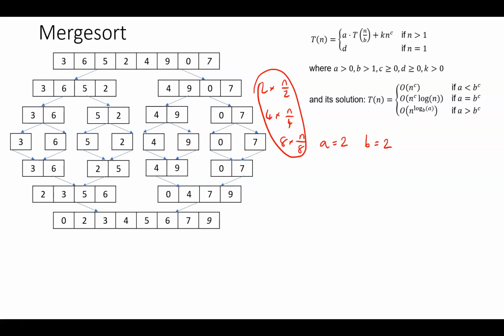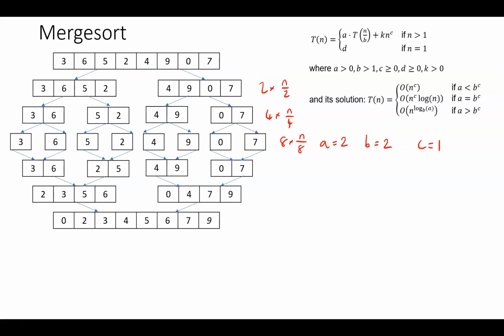We don't need to know that for the master theorem, but that's kind of what we're expecting. Now for each level, now that I'm merging, I have to do n calculations, or something times n to the power of 1 calculations, because at every merge step, I have to look at every single item of data. So that's why we know that C equals 1, because at every level we are doing n to the power of 1 sets of operations.